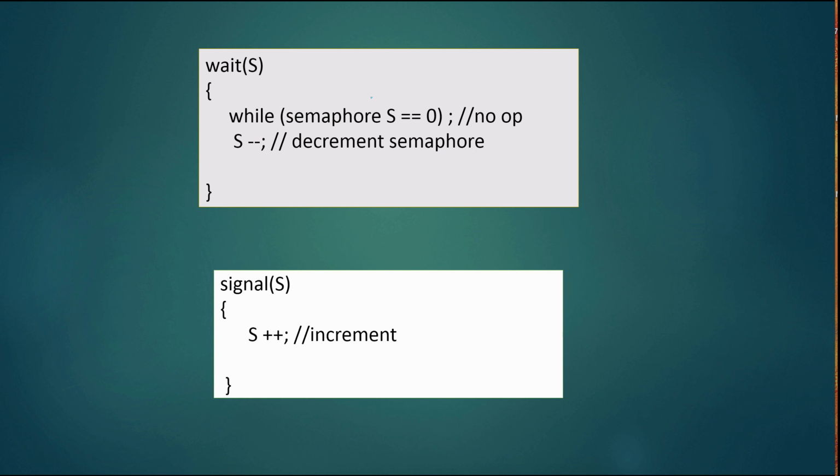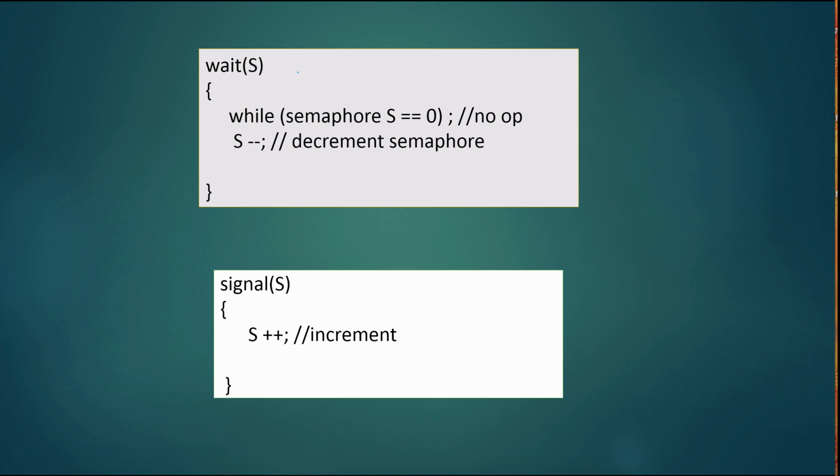So let's remember what wait does. Wait has the process wait if the semaphore is less than 1, or a 0, and has the process decrement and own the critical section if the semaphore is greater than 0.